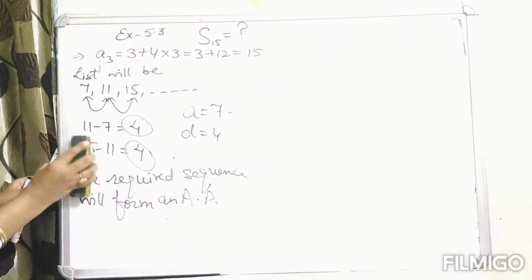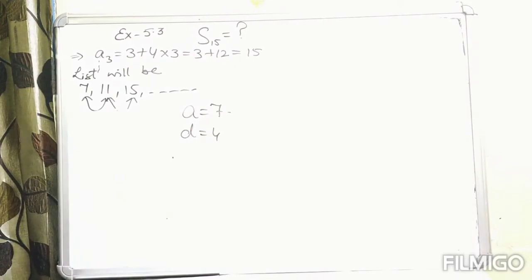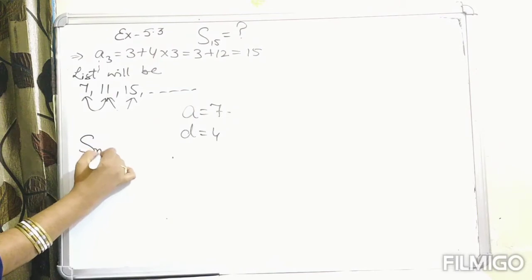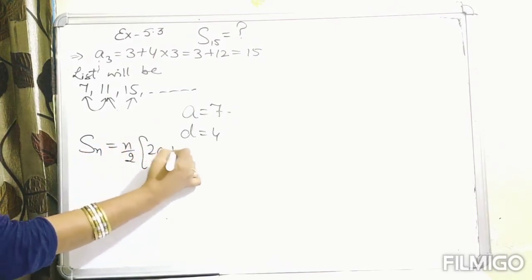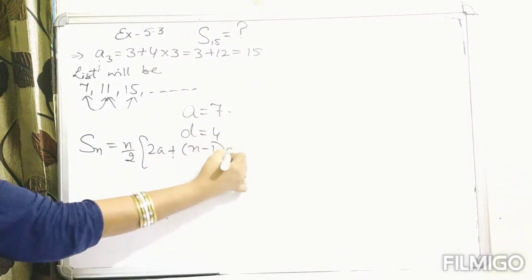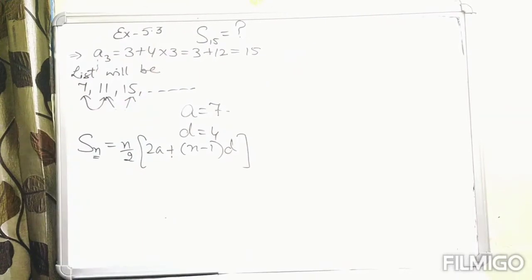So we have a formula for that, and you all know the formula for getting the value of S15. For that, we'll apply the formula Sn equals n by 2 into 2a plus n minus 1 into d, and for n we have to put here 15.